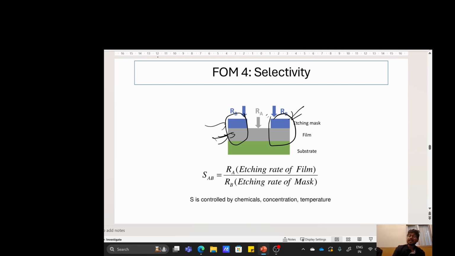So what is the rate of etching of this material and what is the rate of etching of that material? The rate of etching of the masking layer, which can be anything, should be lesser than the rate for this one. The selectivity S_AB is given by the ratio of the rate of etching of the film, which is this one, to the rate of etching of the photoresist or the masking layer.